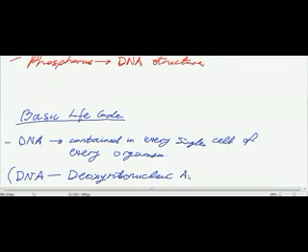That's what DNA is. It's a deoxyribonucleic acid.